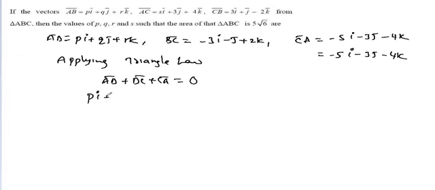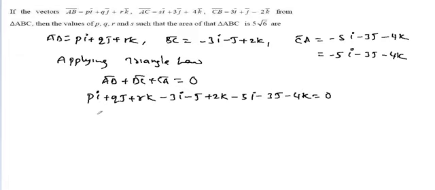AB bar is Pi plus Qj plus Rk, BC bar is minus 3i minus j plus 2k, CA bar is minus 5i minus 3j minus 4k, is equal to 0. Take i common, that is P minus 3 minus 5, that is P minus 8, plus j common, Q minus 1 minus 3, that is minus 4, plus k common, that is R plus 2 minus 4, that is minus 2 is equal to 0.